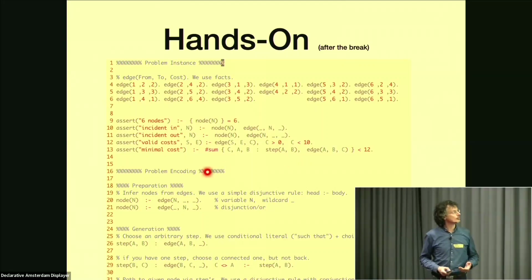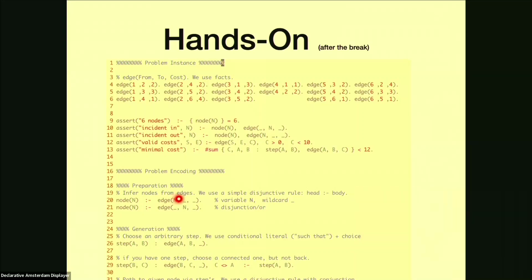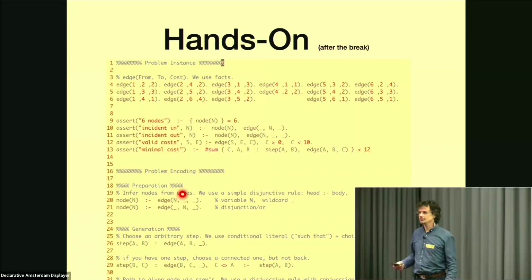So I introduced here two rules that say, well, if there is an edge from node n to wherever, the underscore means whatever, it's basically a wildcard. Also the costs I really don't care about, but I know that if this edge is there, then there must be a node n.